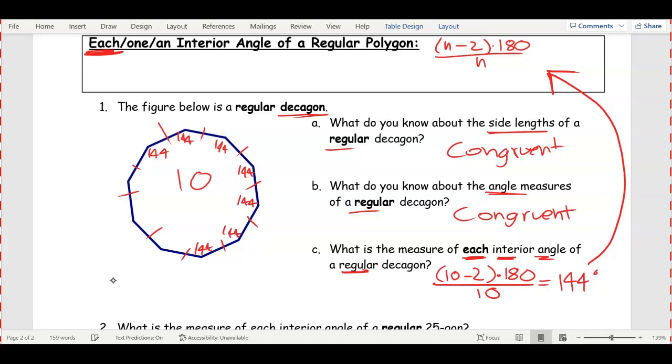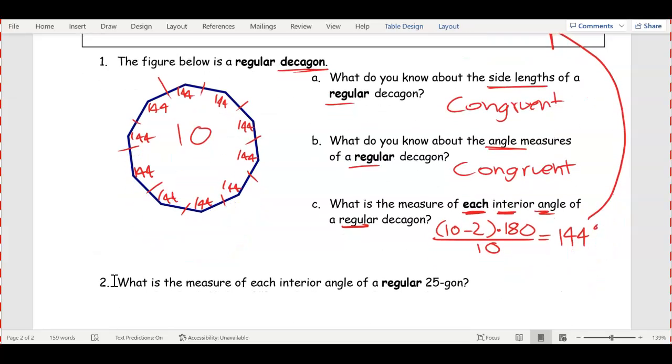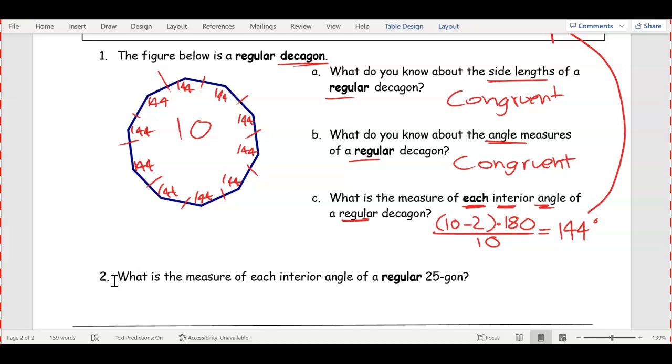You don't have to write it, but this is what it would look like. All right, each interior. So remember, when you divide by n, that's each. When you don't divide by n, that's the total, that's the sum. Let's do one more example of that. If it's a regular 25-gon and you're finding each interior, you're going to use the same formula.